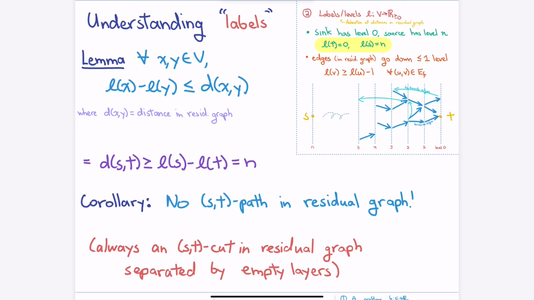The maximum distance is N minus 1 edges for any finite path. So as soon as it's at least N, it's really infinity. So there's no S to T path in the residual graph. That means at any point in the residual graph there's always an ST cut because S cannot reach T. I could have always done BFS from S and that would give me some component. The only problem is that these aren't necessarily minimum cuts.